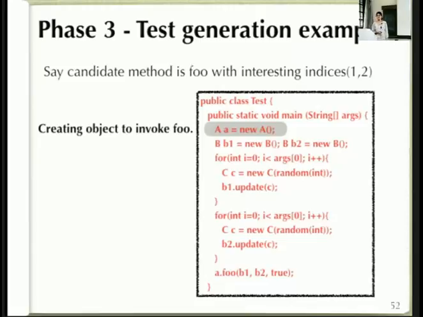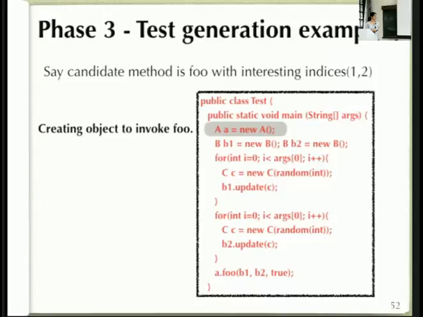Okay. Why is it created? Per se, if foo is invoked on A. Okay. There's an object B1 of B created and B2 is also of B created.